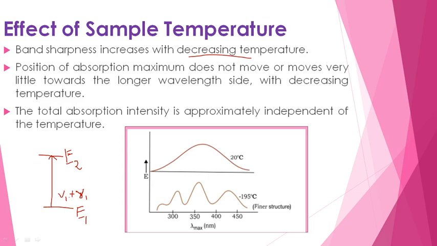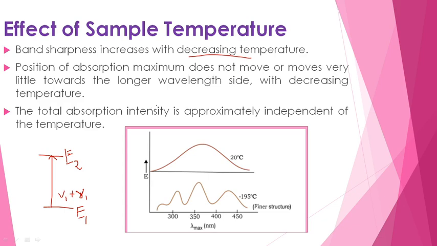The influence of vibrational and rotational levels on the electron can be minimized at lower temperatures. So that's why a fine spectrum is exhibited from E1 to E2. There is no influence of vibrational and rotational levels at decreasing temperature.